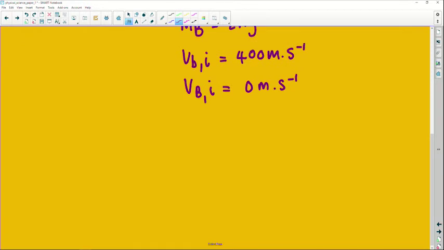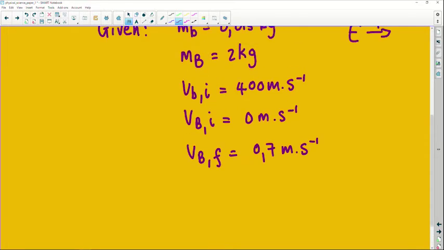And then the last piece of information that we are given is the velocity of the block after the bullet has moved through it, and we have a velocity of 0.7 meters per second, also in a positive direction, and that is all of the information that we've been given.